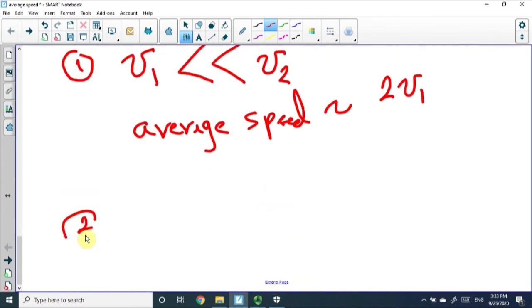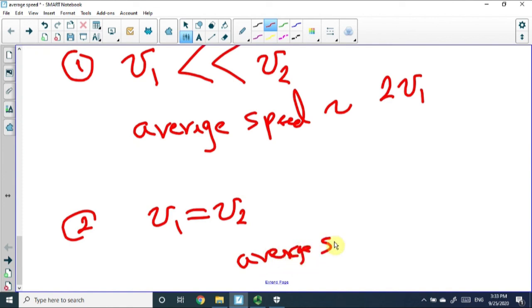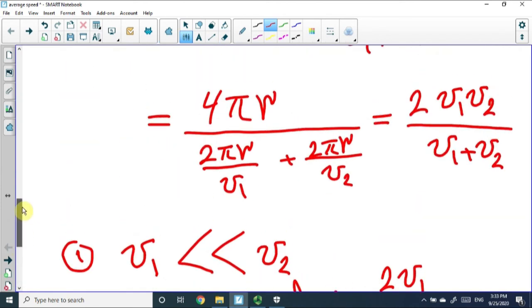What's going to happen if the two speeds are equal? Well, you should expect to get something familiar. You can check: if v1 and v2 are equal, the denominator will be twice one of them, 2v1 let's say.